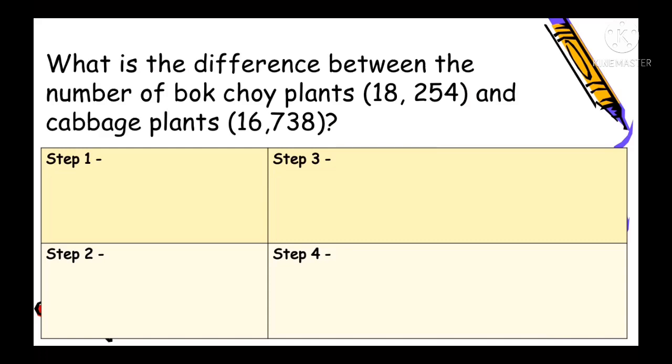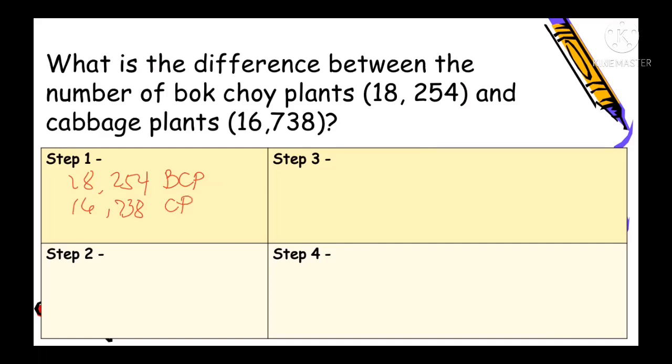We have bok choy plant. So I will just put here 18,254 bok choy plant, BCP. Okay? And we have 16,738 cabbage plant, CP. Okay?